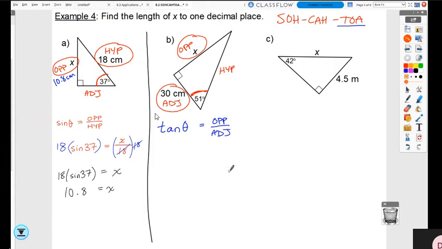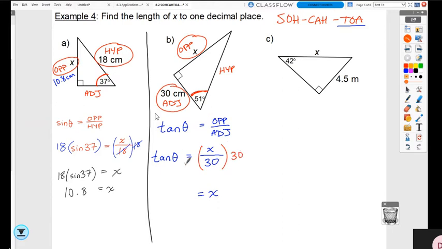In our next line, we begin to fill in these blanks. Tan theta equals opposite, which is x, over adjacent, which is 30. And you know what to do. We're going to get rid of the divide by 30, because we want to solve for x. We want x. So we're going to have to multiply each side by the denominator.